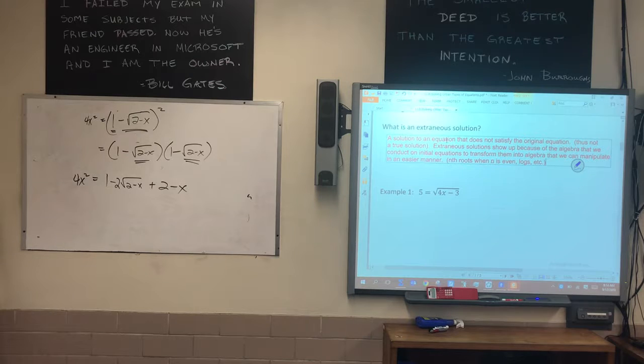It could be raising something essentially to the fourth power, right? If it's the sixth root, I would square it 3 times. So that's going to be essentially the sixth power. So when we do that, that's a situation where a lot of extraneous solutions develop with that algebra. And when we start talking about logarithms and that kind of stuff later on, more extraneous solutions show up there. Is that all right? Okay.